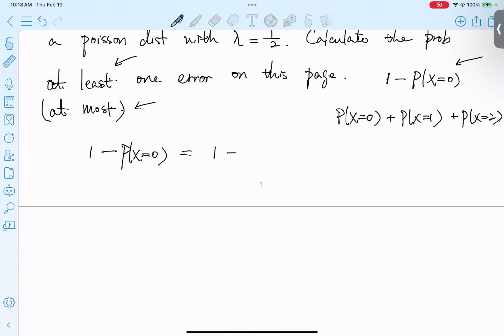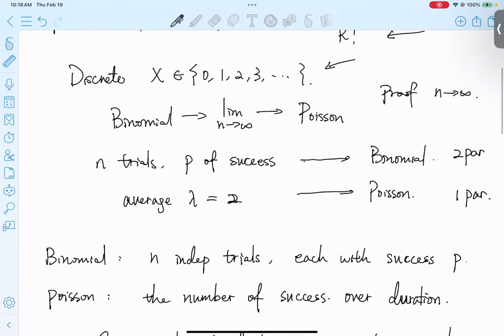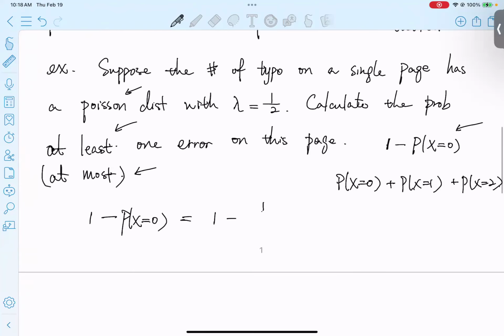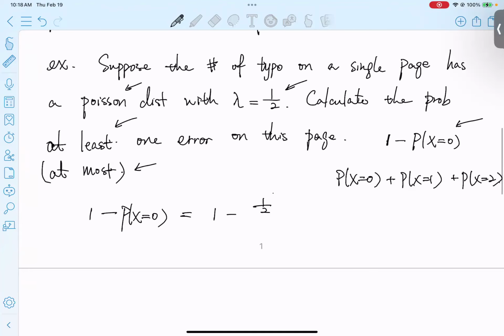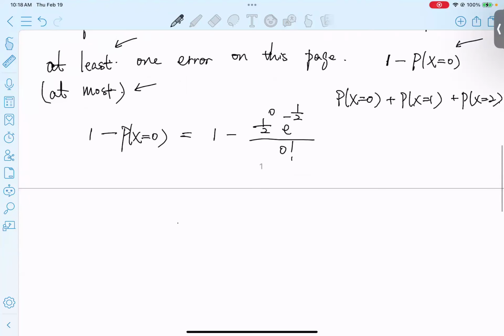So you will have lambda raised to the power of k. Lambda is 1/2. Also, in textbooks, they are usually given raised to the power of 0, and then e raised to the power of negative 1/2 over 0 factorial. So this is equal to 1 minus... anything raised to the power of 0 is equal to 1.